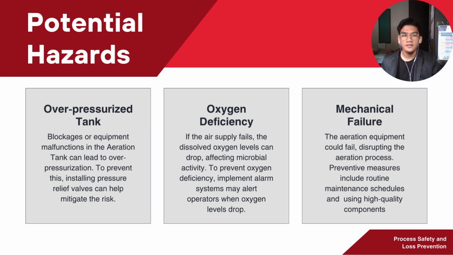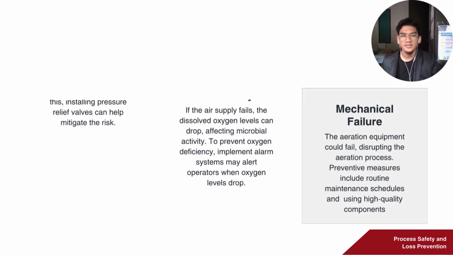If the air supply fails, the dissolved oxygen level can drop, affecting microbial activity. To prevent oxygen deficiency, implementing alarm systems may alert operators when the oxygen level drops. Finally, mechanical failure. The aeration equipment could fail, disrupting the aeration process. Preventive measures include routine maintenance schedules and using high-quality components.